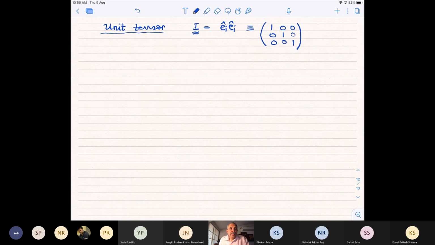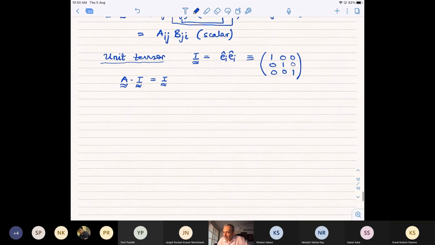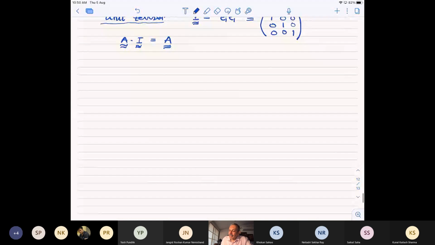A property of the unit tensor, of course, is that A dotted with I will always give you A. This is the same thing as when you multiply any number with 1, you get back the original number. Same way here, if you multiply any matrix with the unit matrix, you'll get back the original one.